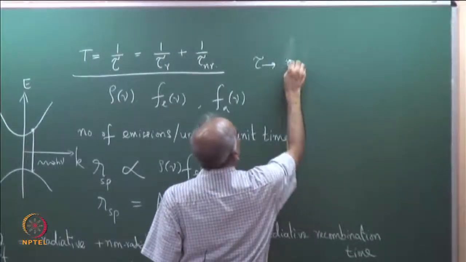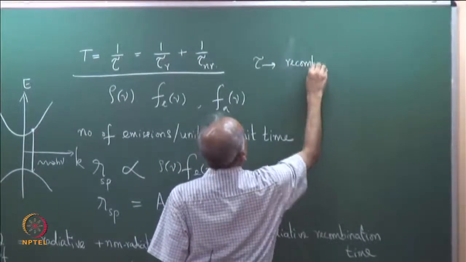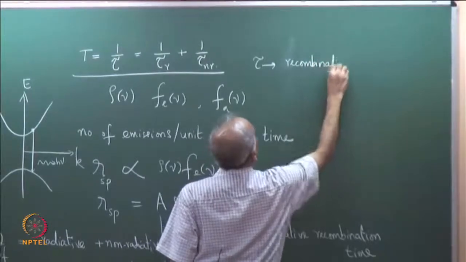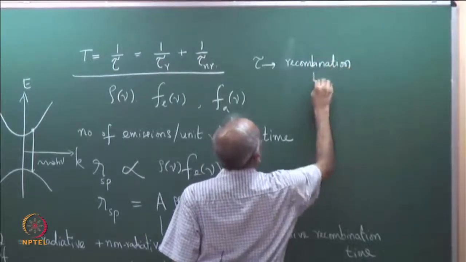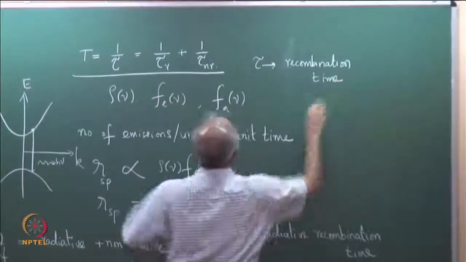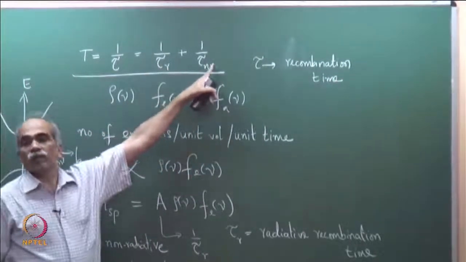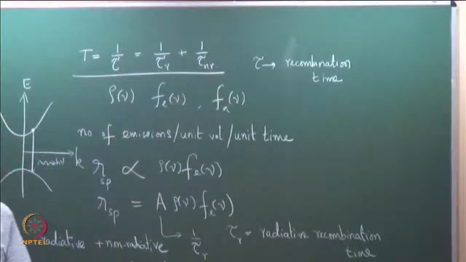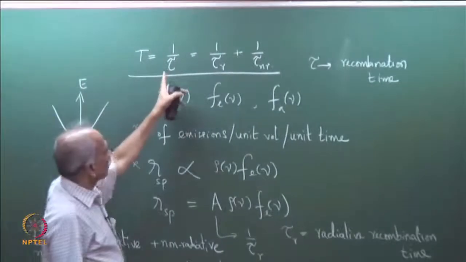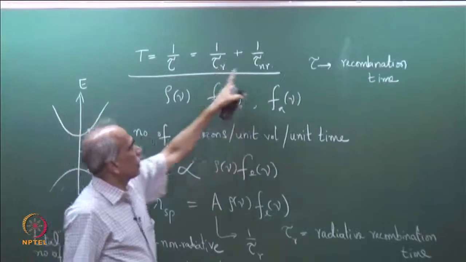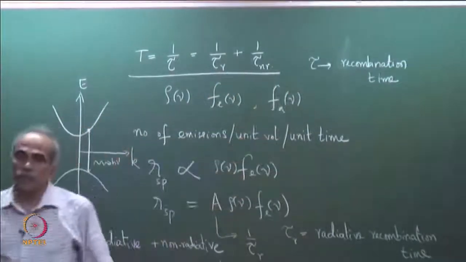Tau r is the radiative recombination time, and tau nr is the non-radiative recombination time. The relation is 1 over tau equal to 1 over tau r plus 1 over tau nr.